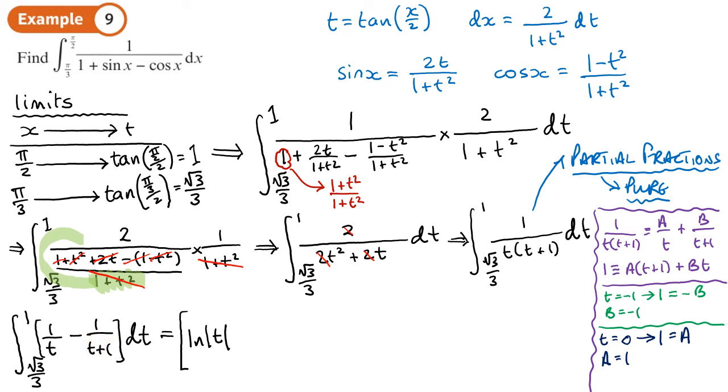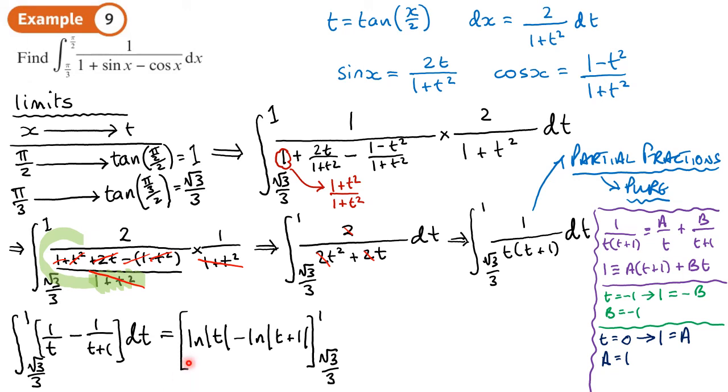So we've got to put a negative to make it all balance. So it's got to be minus log t plus 1 between these limits. Okay, so now all we need to do is to plug those limits in.